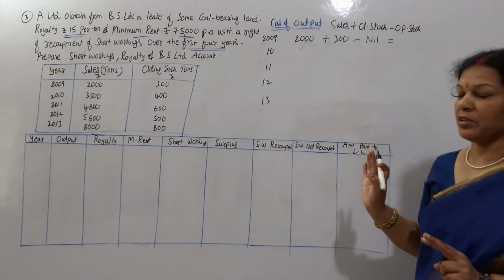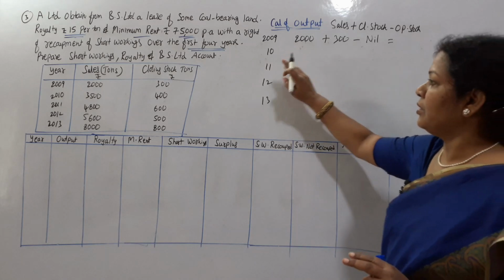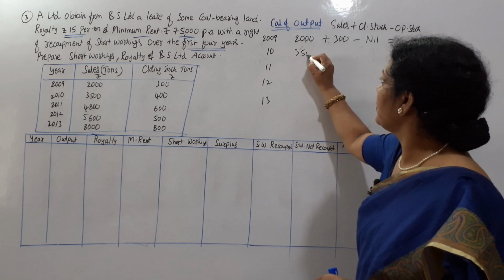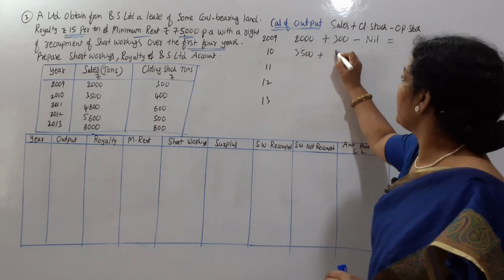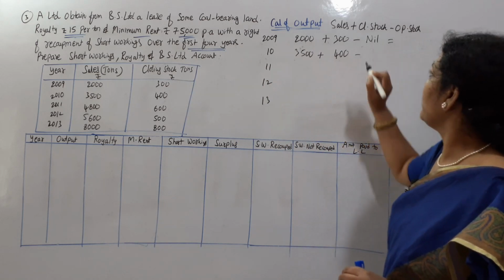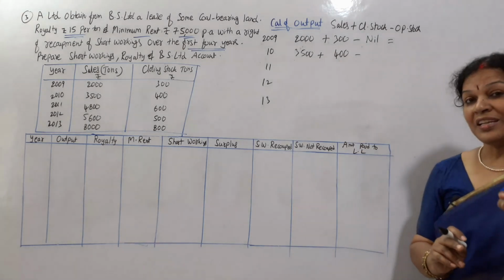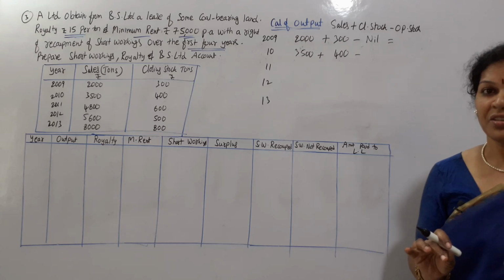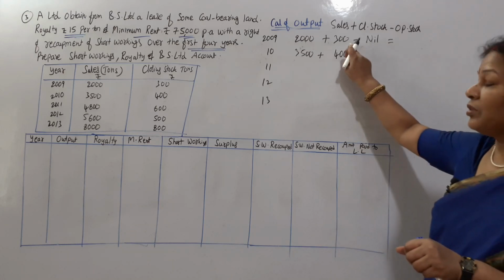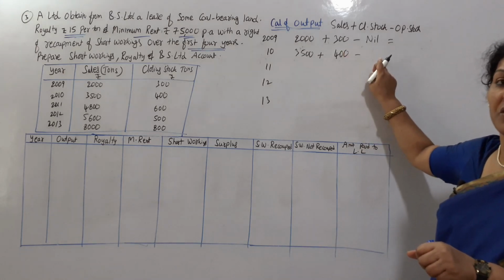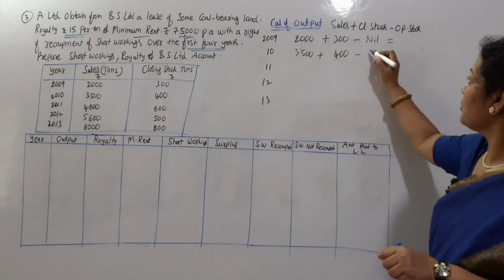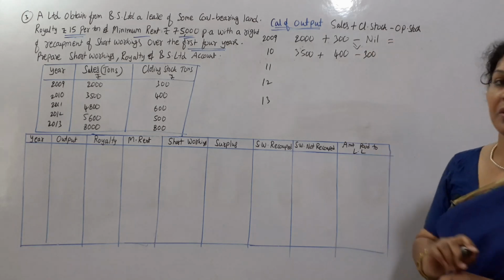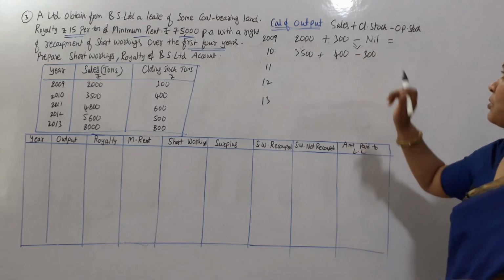In the same way 2010: sales are 3,500, closing stock is 400, and opening stock, last year's closing stock is this year's opening stock. Do you know this? So this 300 will be the opening stock of next year.